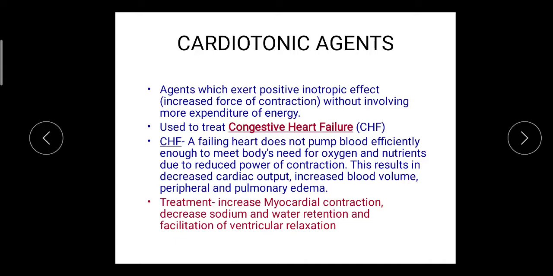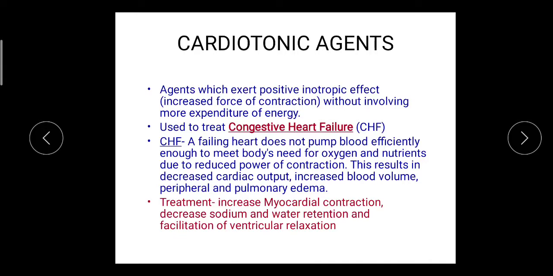Now these cardiotonic agents are used to treat congestive heart failure, in short called CHF. It is the state when the heart is not able to pump sufficient blood to meet the body's requirement.